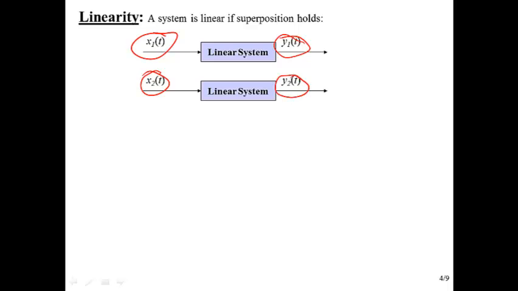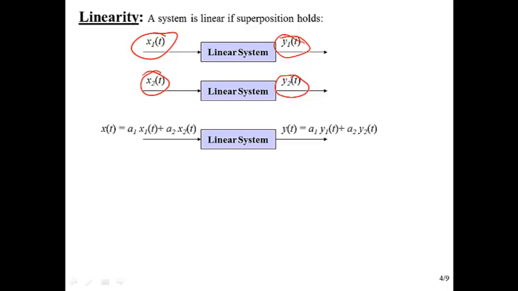If the system is linear, then we can create some new input, which is just a linear combination, some coefficients times each individual previous input, added together. That input must create an output that is the same linear combination of those two outputs.